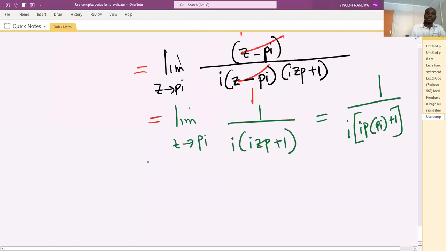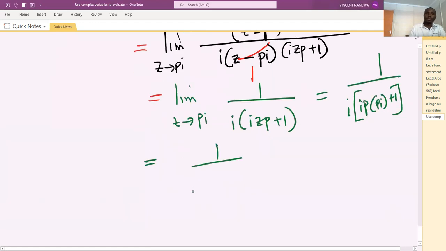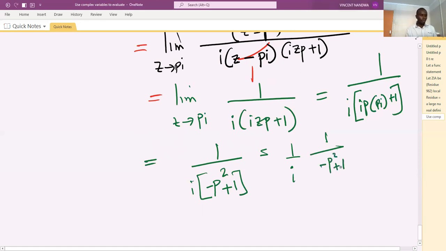And that will give me 1 over I into I times I is -1, so minus p squared plus 1. So this will give me 1 over I times 1 over minus p squared plus 1. So that's the residue of the function at the pole pi.